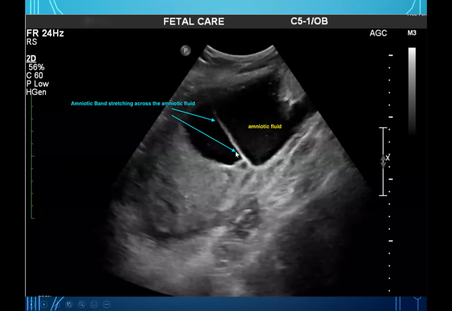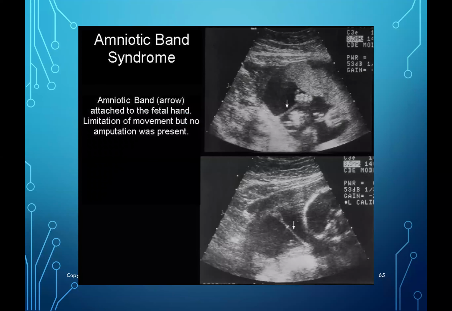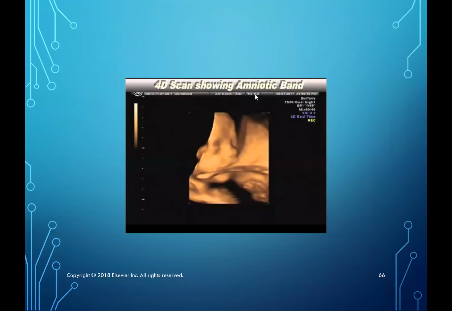Here's another amniotic band. There's an amniotic band that's attached to the hand. So there is a limitation of movement there. Here is one that would be connected to the face.